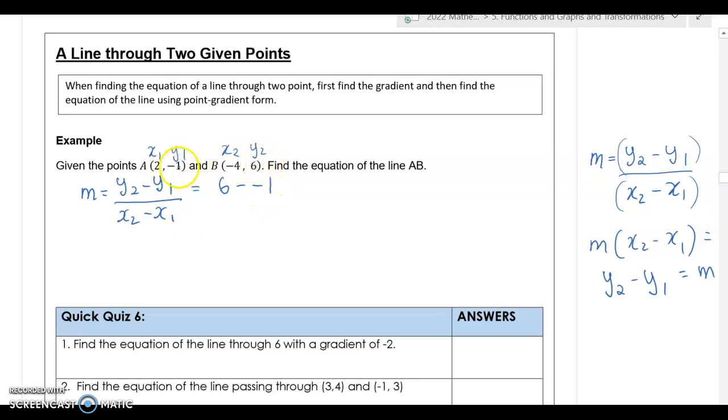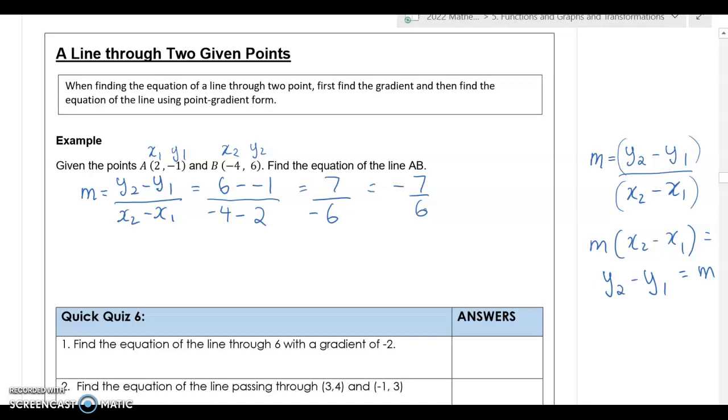Remember, when taking away a negative, there's a minus already, so we've got a double negative. On the bottom line, it's x2 minus x1, so minus 4 minus 2. 6 minus minus 1 is 6 plus 1, which is 7. And minus 4 minus 2 becomes minus 6. So our gradient is minus 7 over 6. That doesn't simplify down anymore.